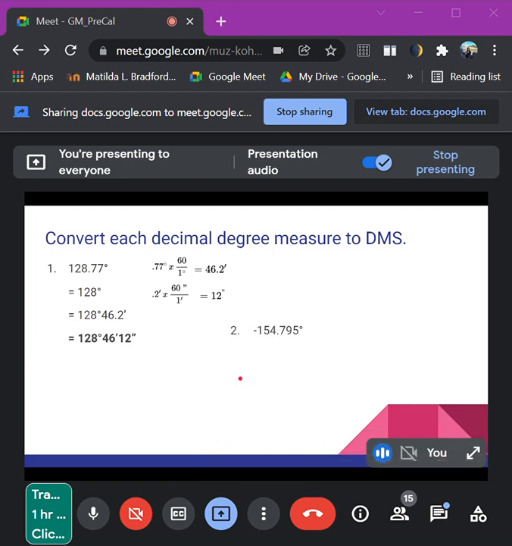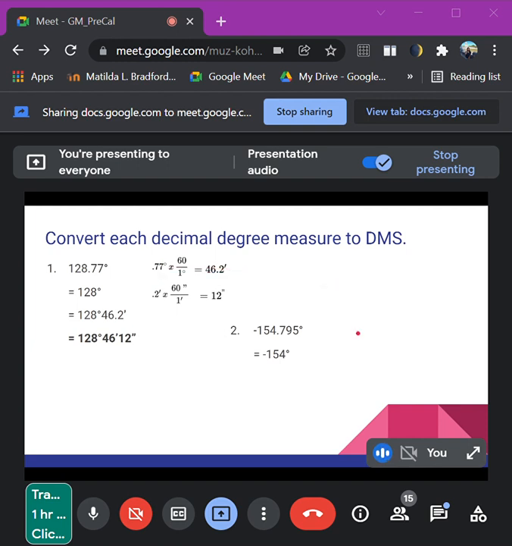Now let's proceed with our next example. We have here negative 154.795 degrees. So, same process, your whole number there, just copy. So we have there negative 154 degrees. And then what we will convert is the 0.795 degrees into minutes, because it is degrees, minutes, seconds. So it is the same process.